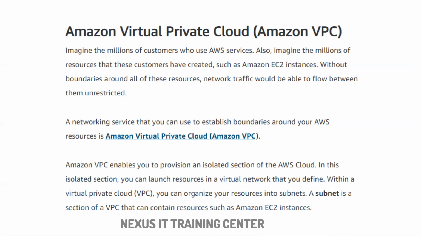I mean, nag-purchase ng DNS, ng instances, ng web servers, Fargate, Kubernetes, ang dami, no? Without boundaries around all these resources, network traffic would be able to flow between them unrestricted. Okay, the networking service that you can use to establish a boundary around your AWS resources is called VPC.